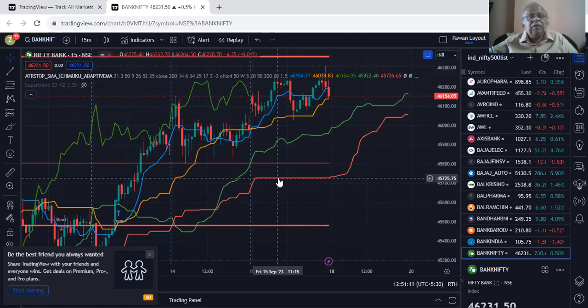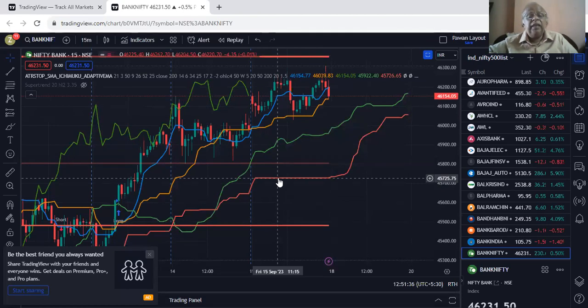Chikou span, you have understood, is the 26 period moving average of a single day and offset to 26 periods. Tenkan-sen or conversion line is nothing, it is only the 9-day moving average of high.